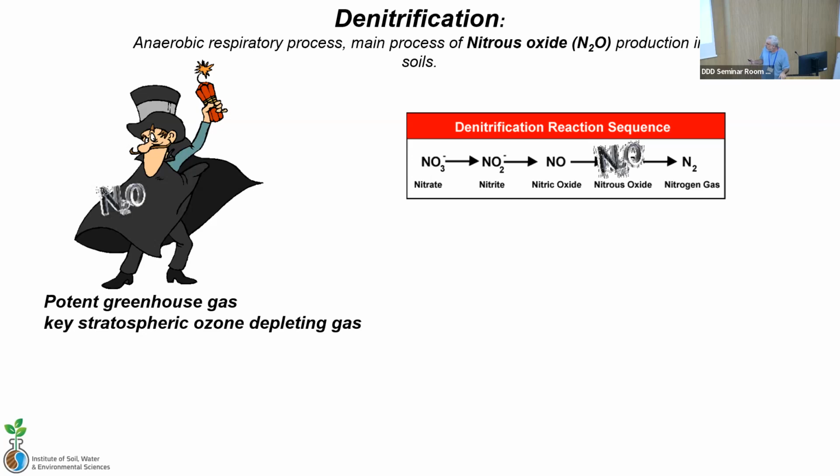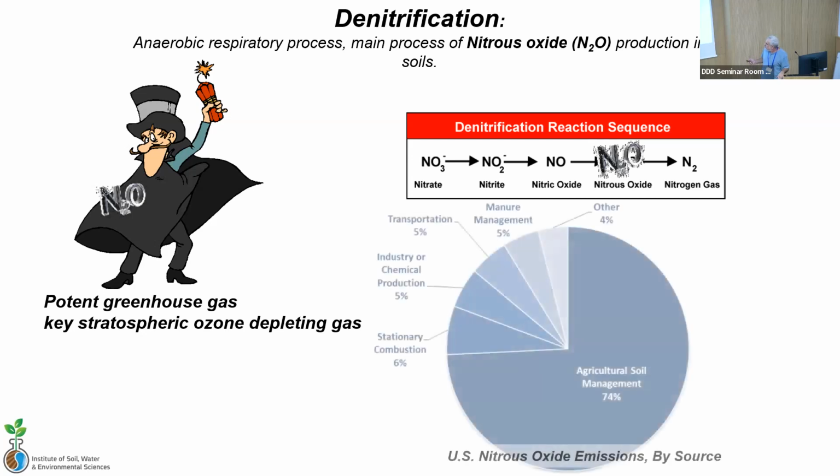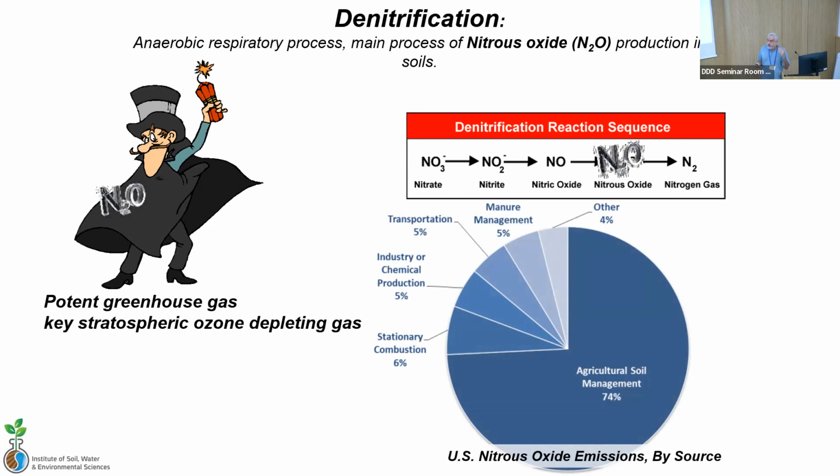But it's also, in addition to being worse than CO2, a stratospheric ozone depleting gas. So we want to get rid of it as much as possible. And the EPA in the US calculated that approximately 3/4 of the anthropogenic nitrous oxide is due to agricultural soil management.